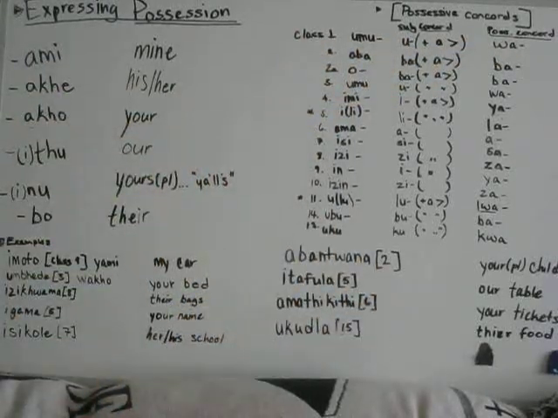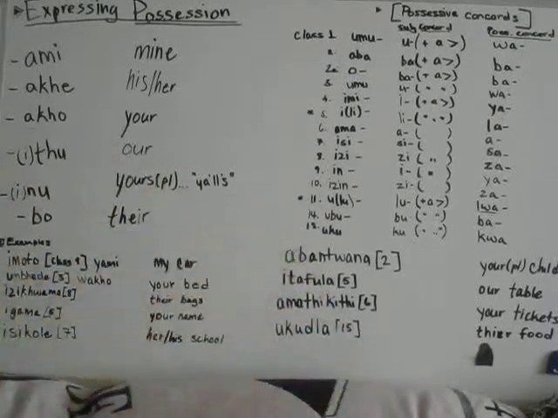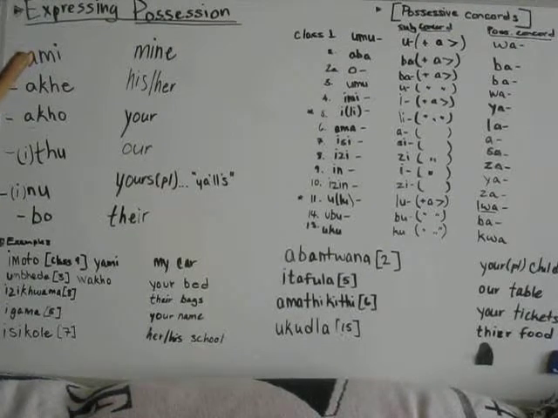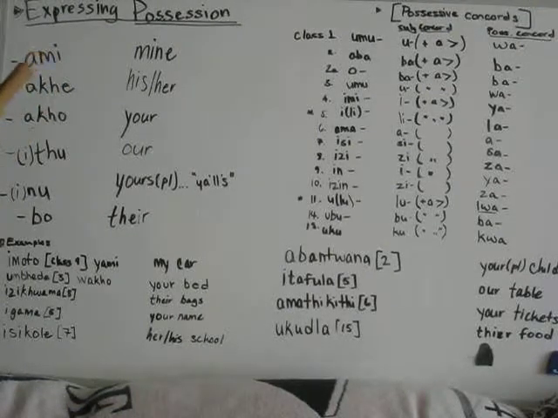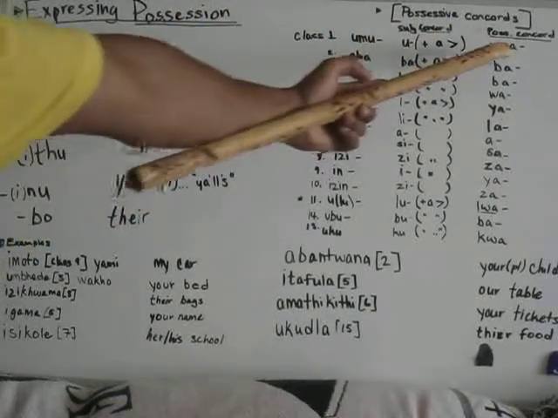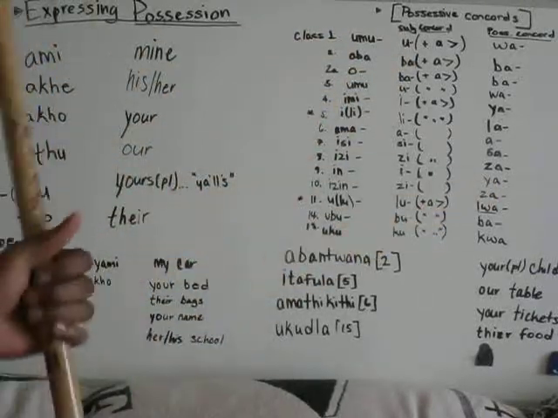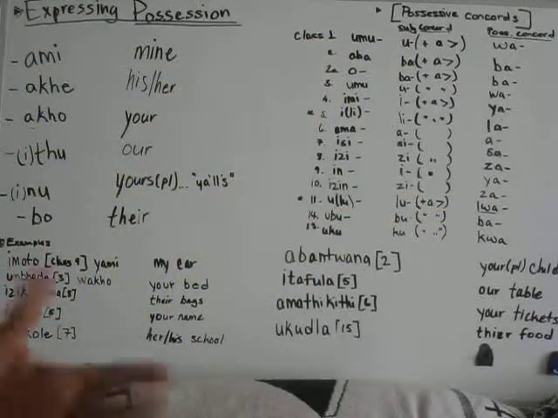If you were to say something such as umuntu, meaning person, you would say my person would be umuntu wami. The wa goes into the ami, becomes wami. Okay, I don't know why you would say my person, but just an example.